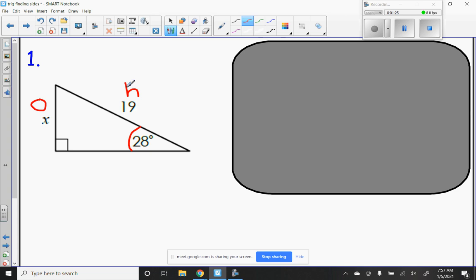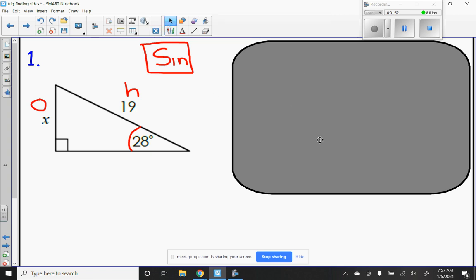Yesterday's foundation video on our trig ratios was important because right now we should know, or be getting there, that what we need to use on our calculator is the sine button, because sine is opposite over hypo.